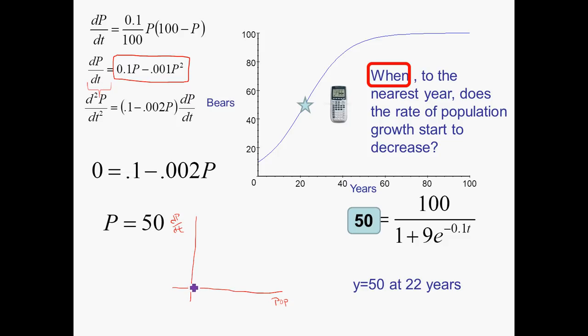When else is the rate of population growth 0? Over here. So wouldn't that be your maximum? And what was our maximum? It was 100, wasn't it?